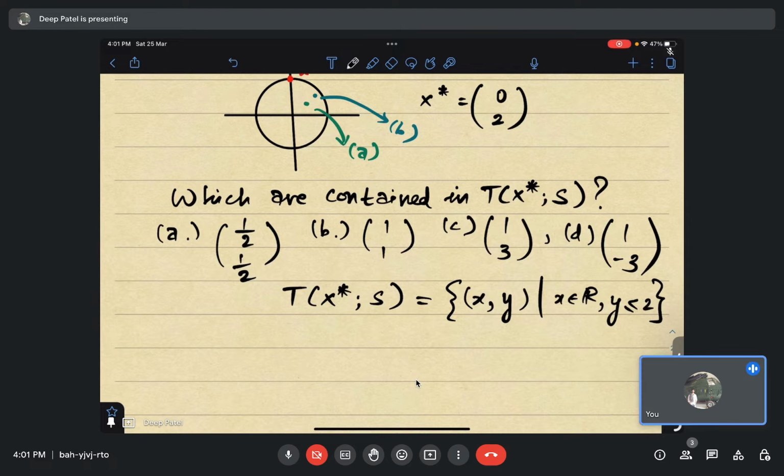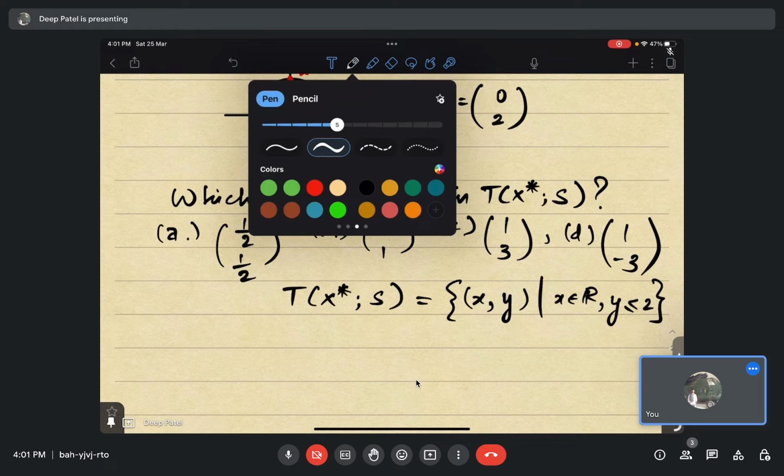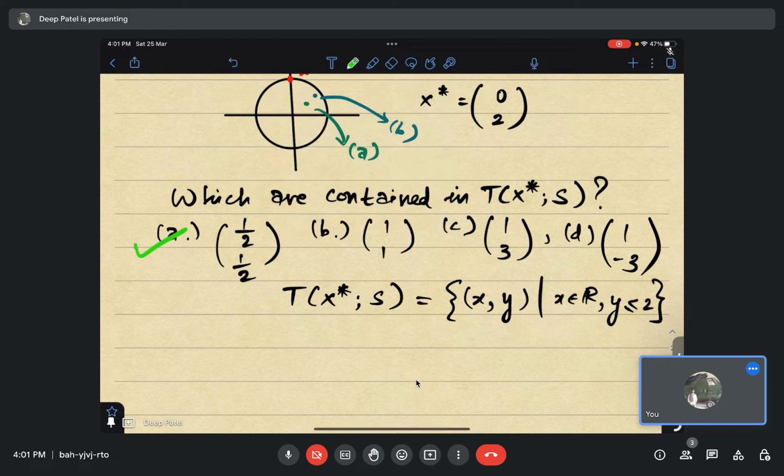Then which one satisfies this? We just have to check this, this is our tangent cone. Does A satisfy this? Yes. How about the second one? Yes.